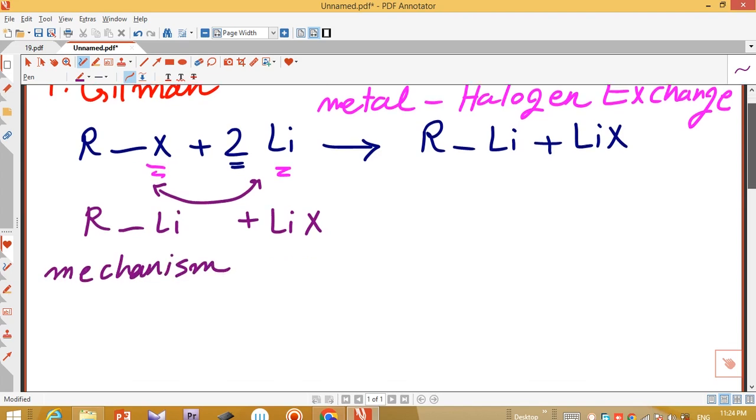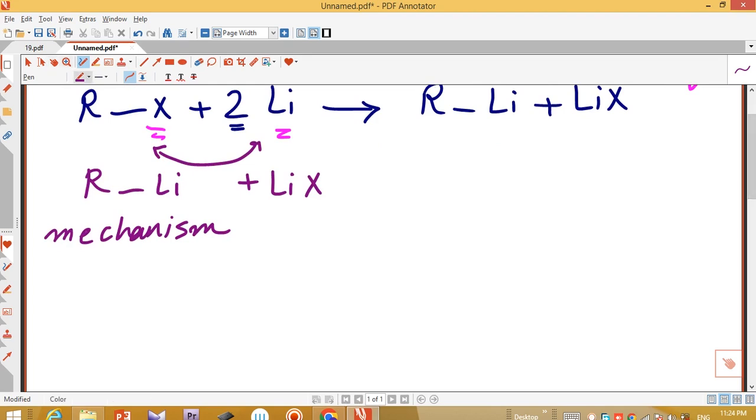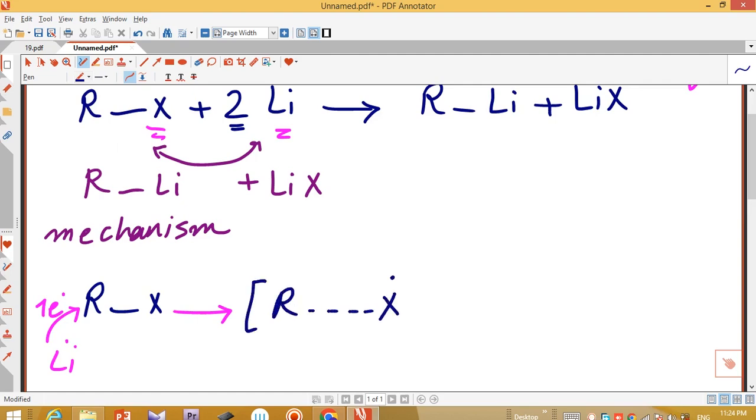So, my friends, what is the mechanism of this reaction? Zahra promised us to tell the mechanism. Okay, so we will have an alkyl halide, and also we will have lithium, and lithium is from group 1, alkali metals. That lithium has one valence electron. So basically, it will attack RX, and we will have a transition state which is both anion and radical.